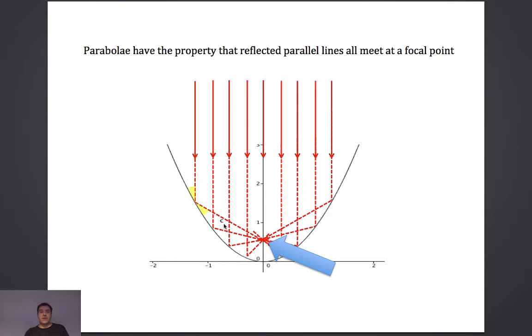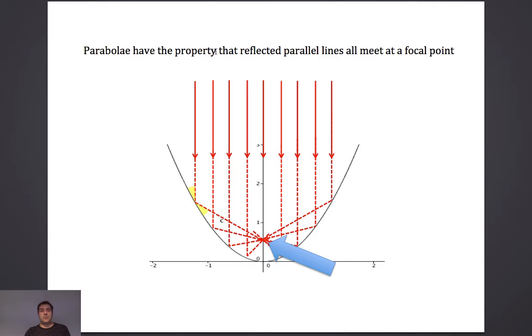If you do that for all the points, you should find that the reflected rays meet up at a single point. And that's a property of parabolas, that they all do that.